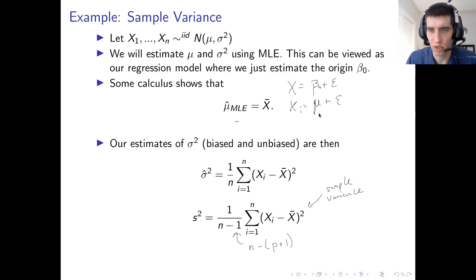This setting where I estimate mu looks exactly like our linear regression case, and it is a rewrite of the estimation problem for estimating mu, and then the estimate of sigma squared is an estimate of the variance of epsilon. Okay?